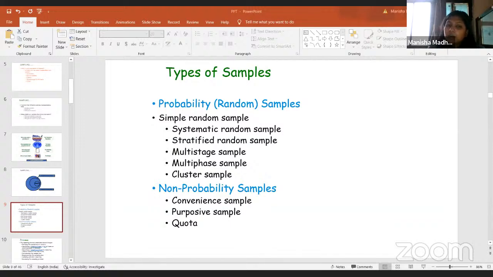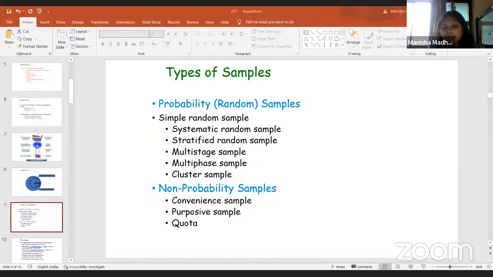But when we talk about stratified sampling, then suppose there are 4 strata which have been identified by the researcher, then the researcher will select individuals from every strata, okay, unlike in case of cluster sampling. So this is the basic difference between cluster and stratified sampling, because most of the times people get confused with regard to cluster and stratified random sampling. So this is the basic difference.